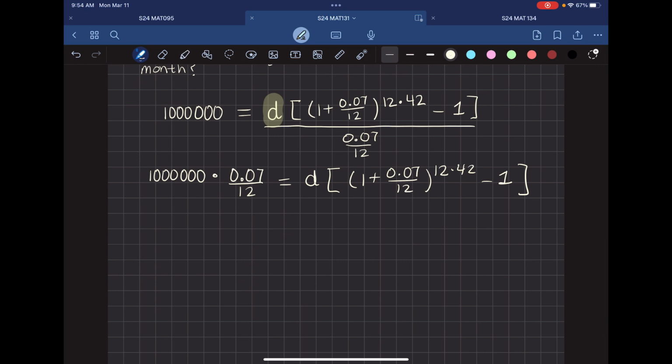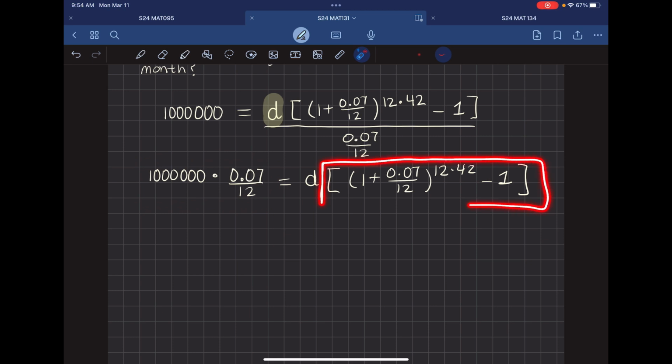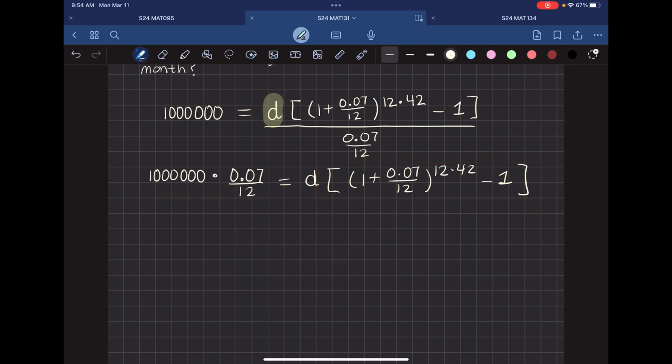And so you can type this side into your calculator, write that down. This side into your calculator, write that down. And then you can just divide by this. I'll write the full thing out though.